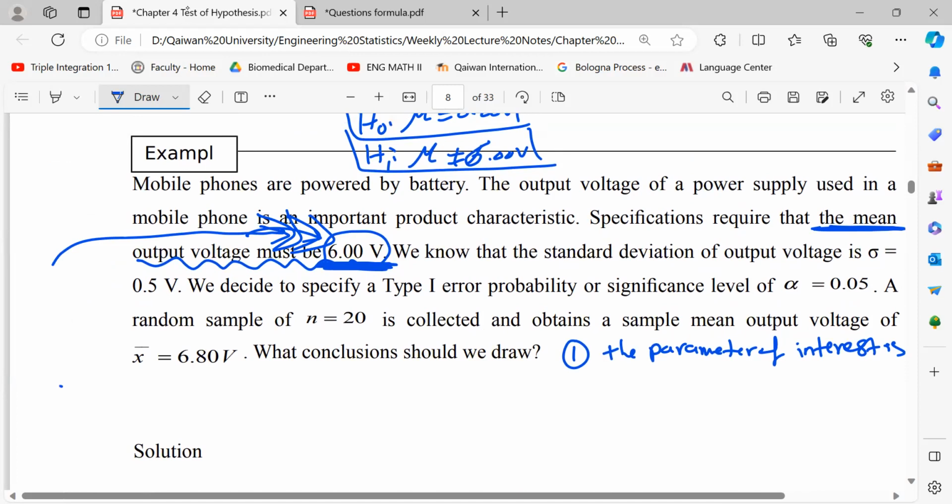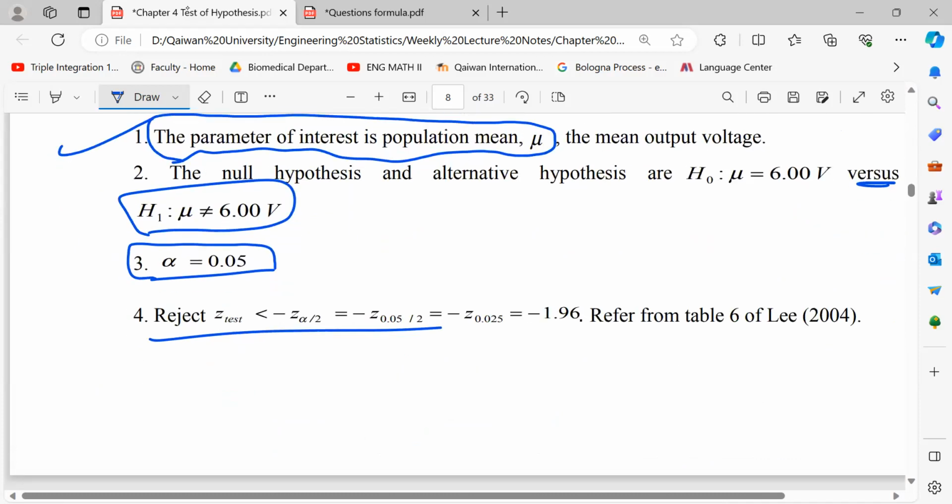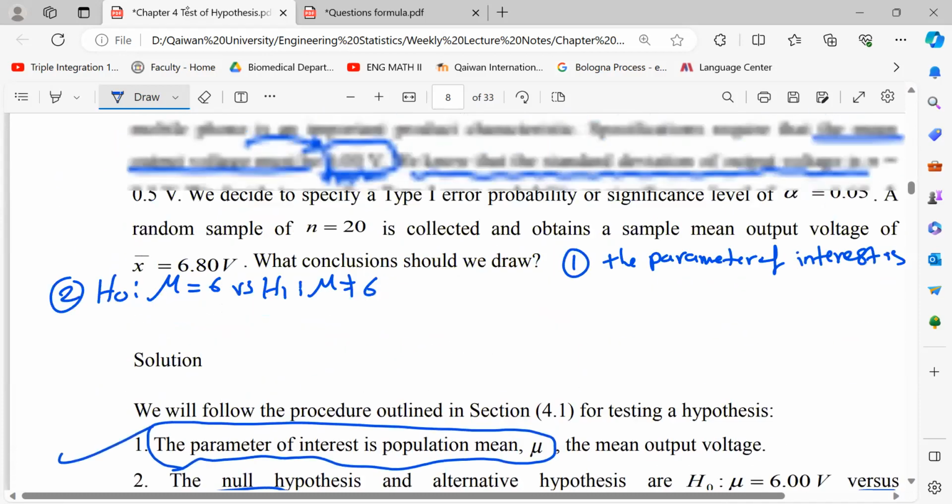So in the second step, H naught is mu equals 6, and H1 is mu doesn't equal 6. That's true.